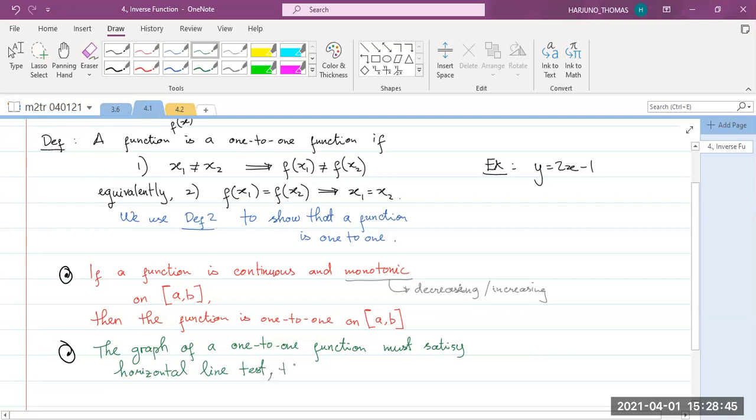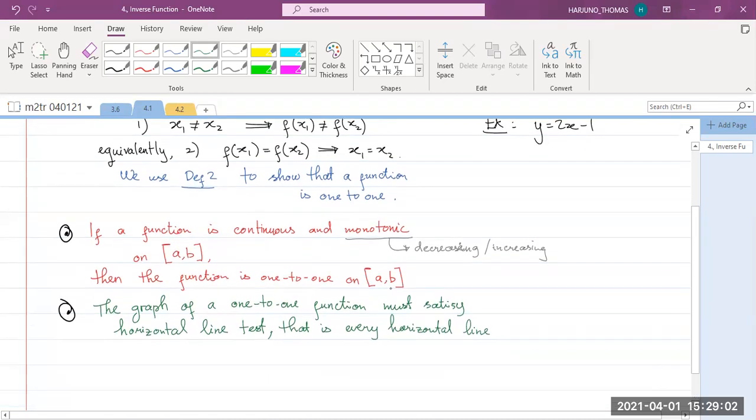That is, every horizontal line intersects the graph at most at one point.